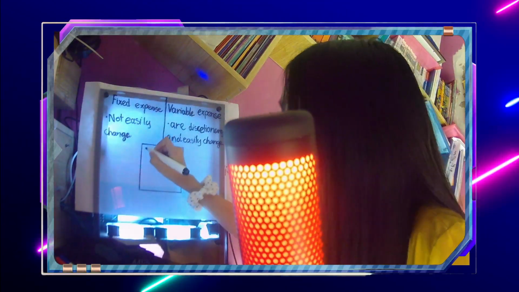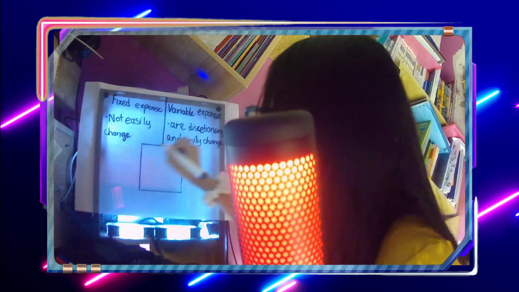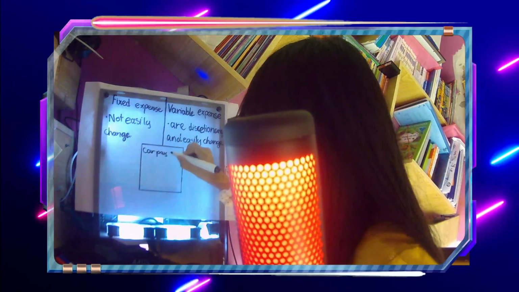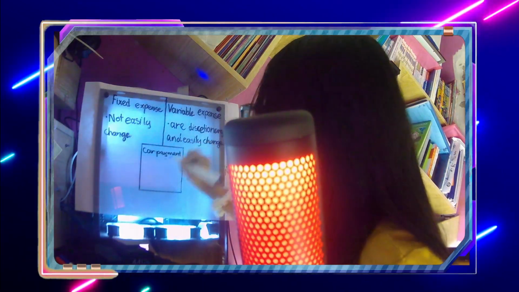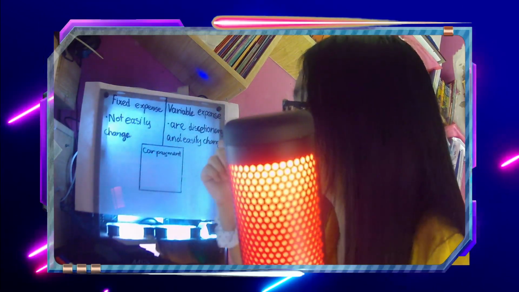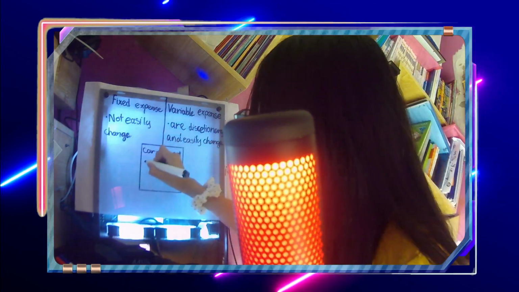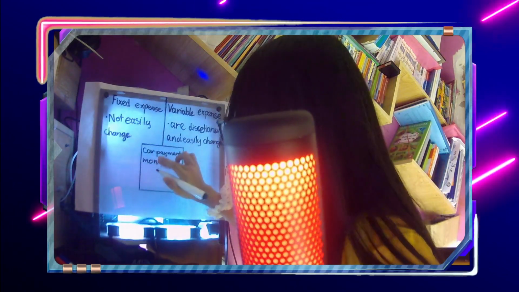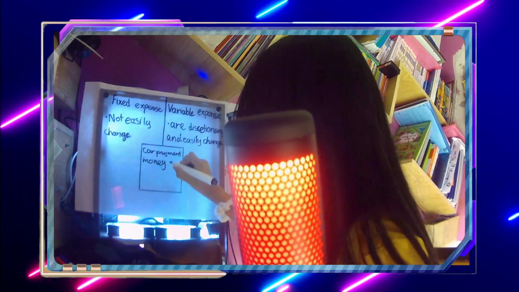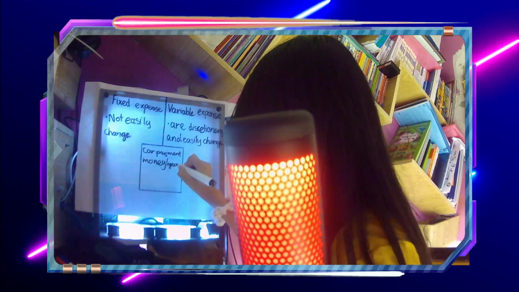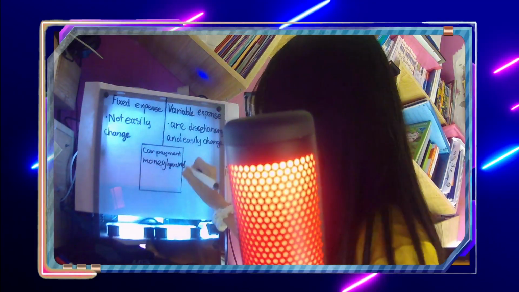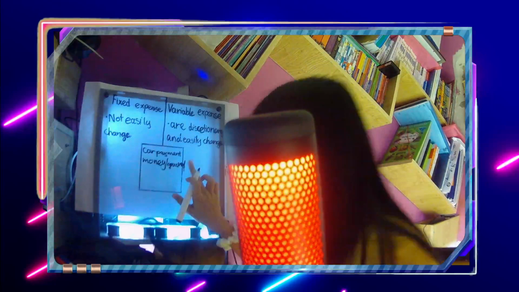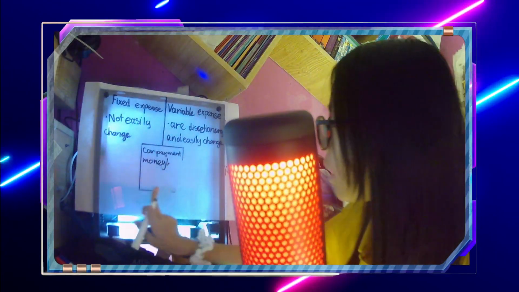Okay, so first of all, I would write car payment. Then I would write money spent on groceries. Since there is little space, I think I would have to erase this part.